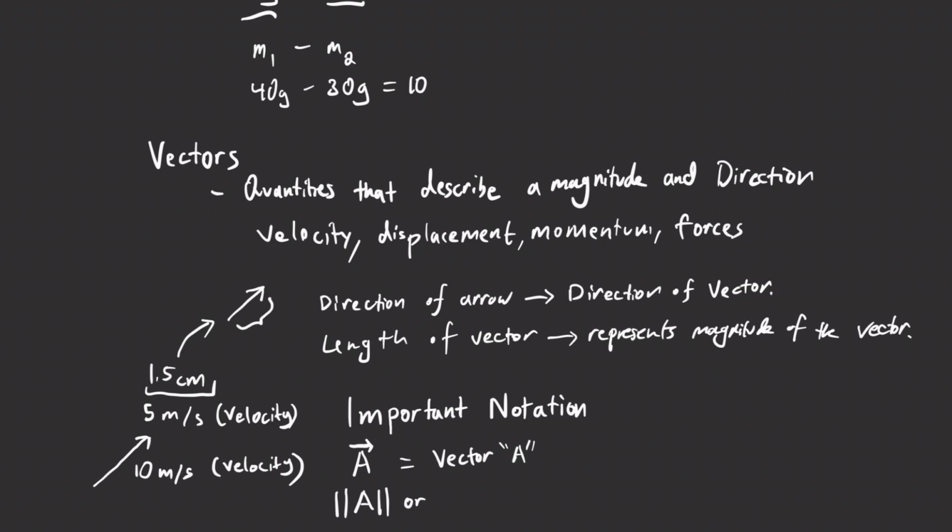Like this, or sometimes you'll see it with just these absolute value looking signs. And both mean magnitude of vector A. And the magnitude of vector A will always be positive.